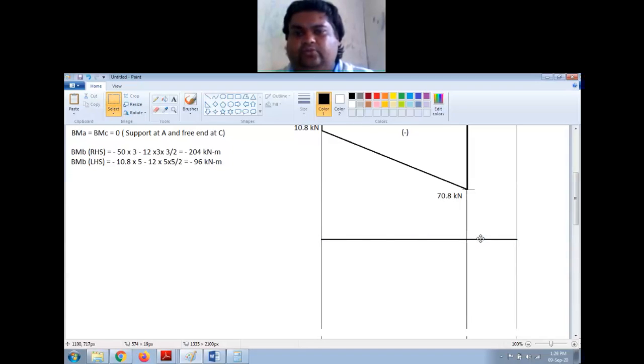So I'm just moving this zero line above. Now I have BM at A and BM at C as 0. This is 0 and here also it is 0. At B, that is this support, here I have 2 points. One is minus 204 and one is minus 96, right?